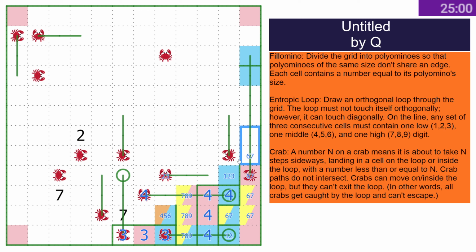If that was loop, then all those would be loop, and this 6 wouldn't get trapped, except it would. Yeah, that's not allowed, because that would be from 6. 6 and 4 is in the same entropic group. It's weird.